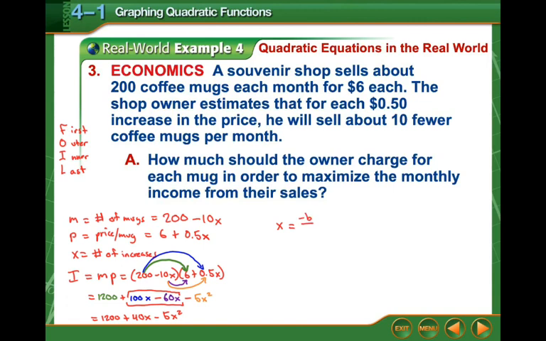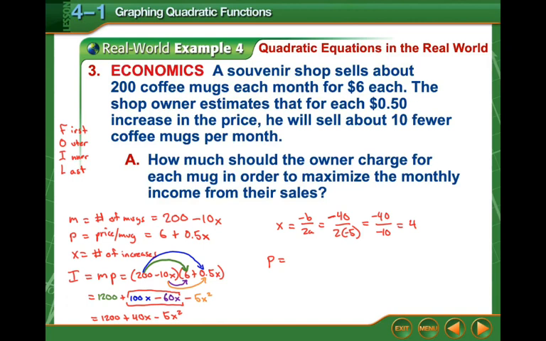Remember, it's the opposite of b over 2a. Our b value is 40, so it's negative 40 over 2, and our a is negative 5. So that's negative 40 over negative 10, which is just 4. So now we know our x value for our maximum is 4, so we're going to plug that in for the price part, the p.